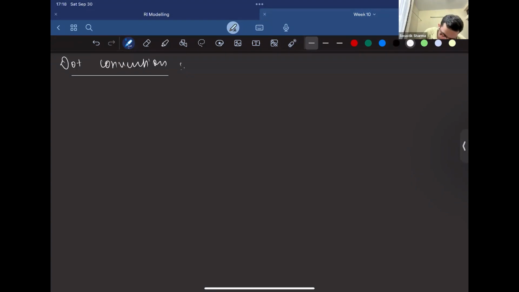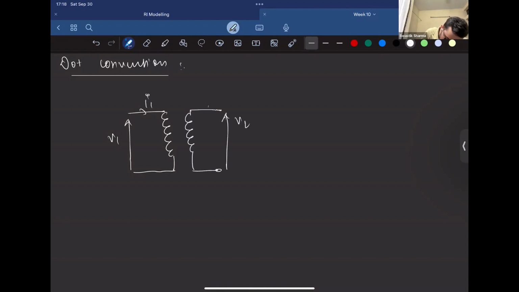So let's say that we have a coil in proximity to another coil which is also being energized. So both of these coils are being energized, right?